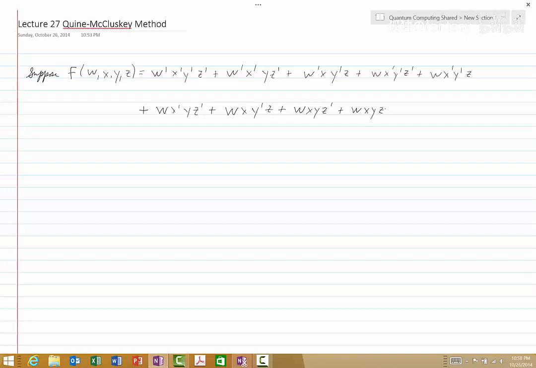Now, some of you may be familiar with something called the Karnaugh map method, and it certainly will work in this case as well. The only objection to the Karnaugh map method is that it's only suitable for functions up to 5 variables, and we would like something that's appropriate for functions of possibly more variables than that.